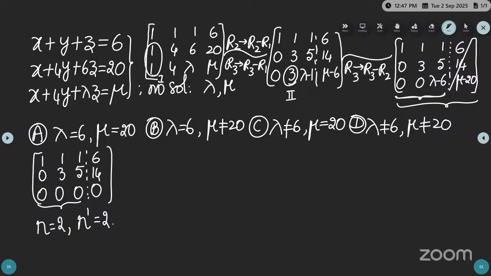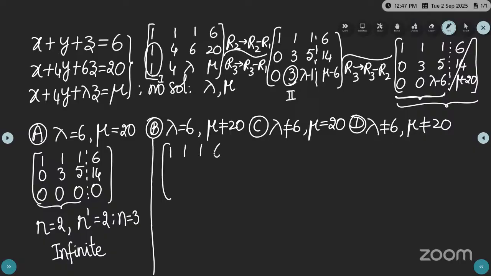Number of unknown variables is 3. How many solutions? Infinite.